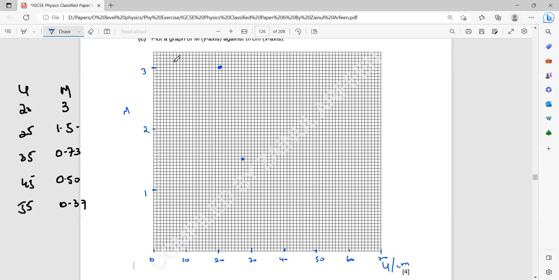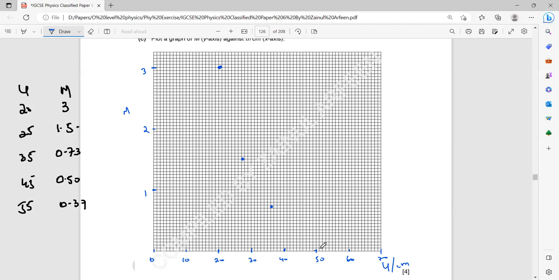And then 35 and 0.73. This will be 0.1, because two boxes equals 0.1, 0.1, 0.2, 0.3, 0.4, 0.5, 0.6, 0.7, 0.75. So this will be 0.73.